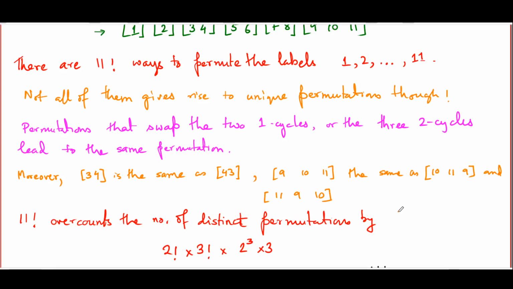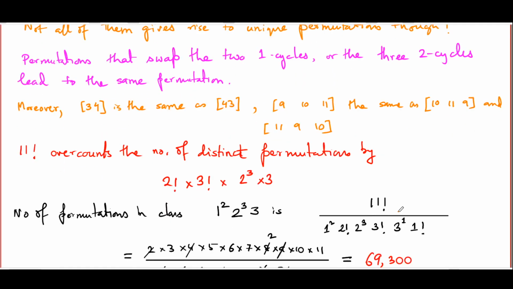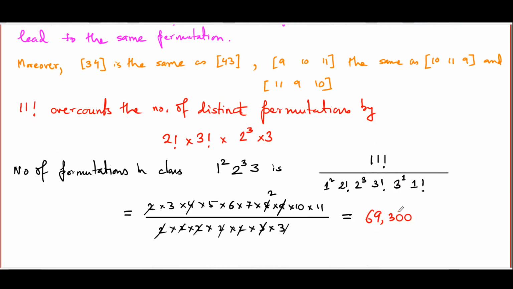Thus, we have a total number of distinct permutations in this particular class as 11 factorial divided by the overcounts. The overcounts is 1 squared times 2 factorial, 2 cubed times 3 factorial, and 3 to the 1 times 1 factorial. Of course, I have written it in this form in order to make it conform with the formula that we had written before.